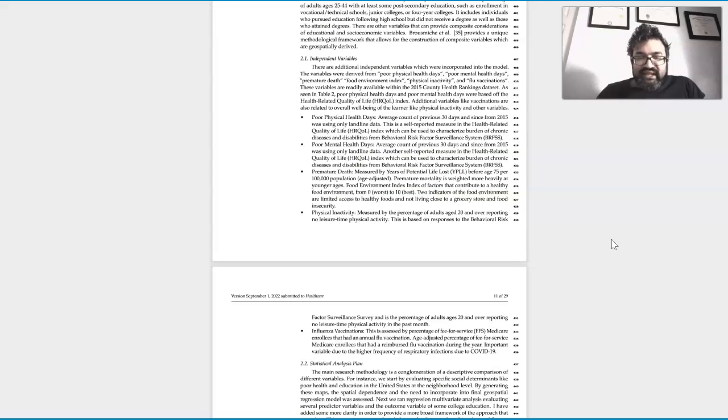The Food Environment Index is another important index which was used. Physical inactivity, and then also influenza vaccines, which is a reflection of a number of things, potentially how accessible a clinic is, or even their worldview or mindset regarding vaccinations and whatnot.